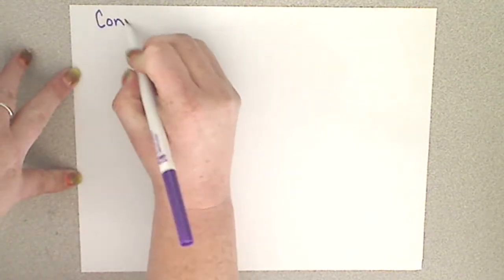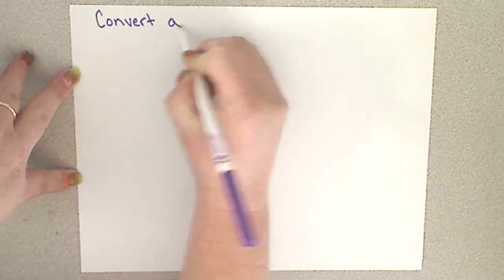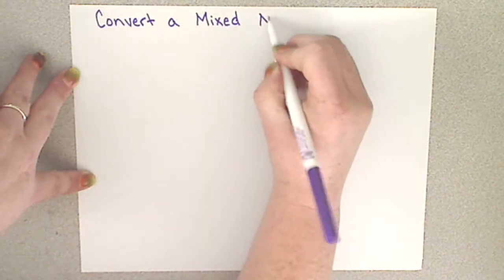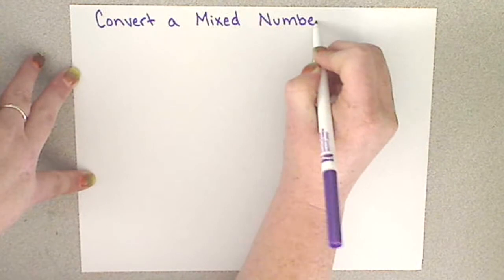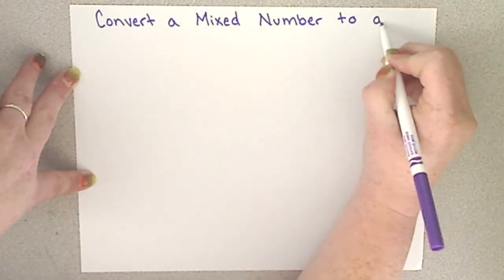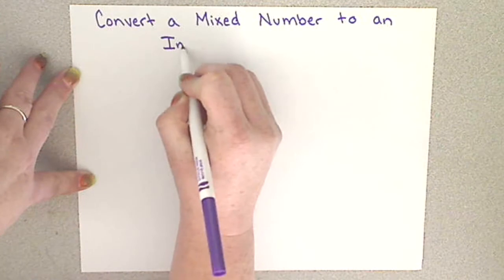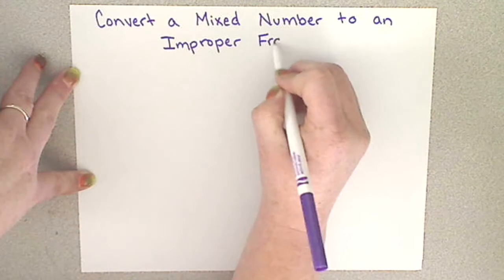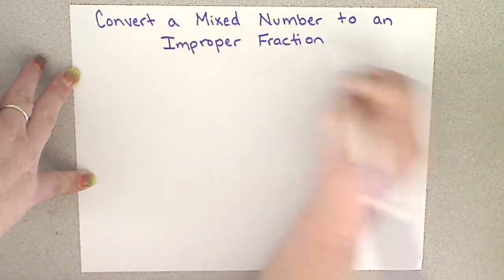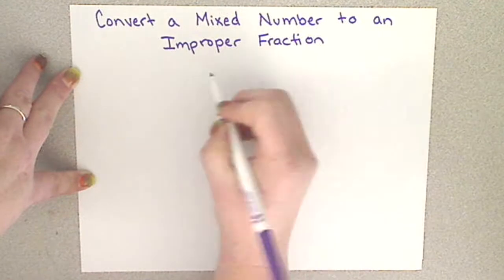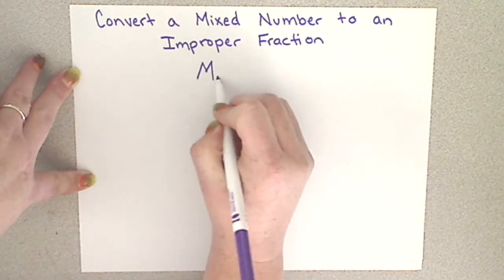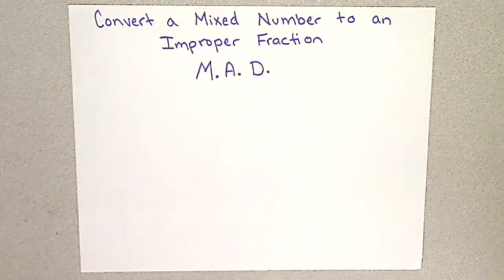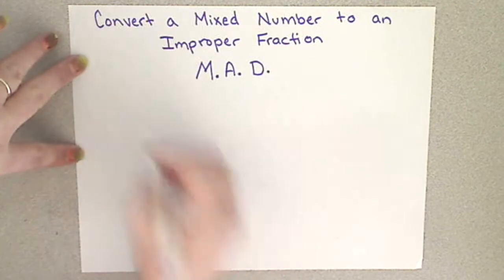To convert a mixed number to an improper fraction, we get MAD. M-A-D. Now, let's take a look at what this means.